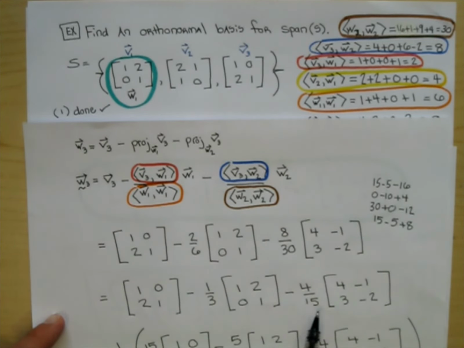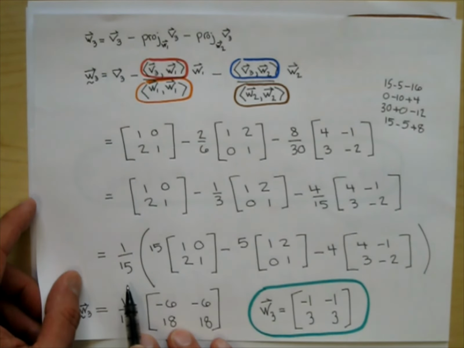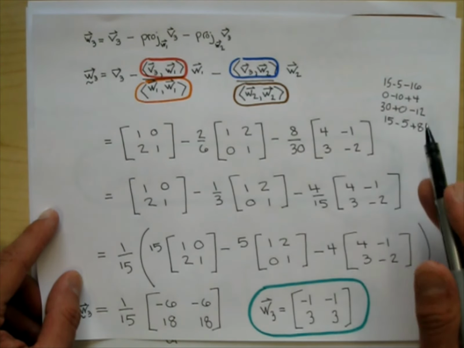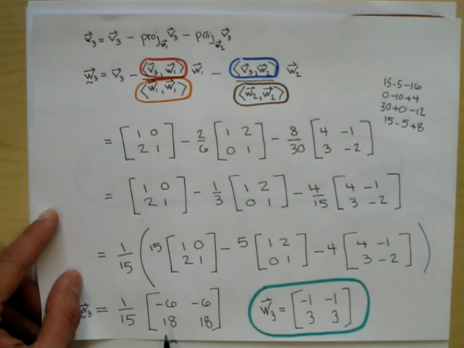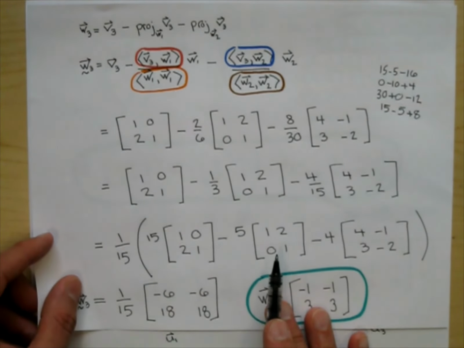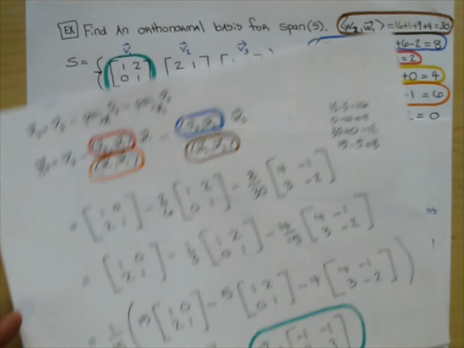And then try to avoid the fractions. That's what I do, and that's why I factored out a 1 over 15. Of course, I had to work with bigger numbers like 30 and 8, but I didn't have to work with fractions. And if you look at the student solutions manual, if you have one, there's going to be fractions all over the place. You're going to go, what is this? So I try to avoid the fractions.